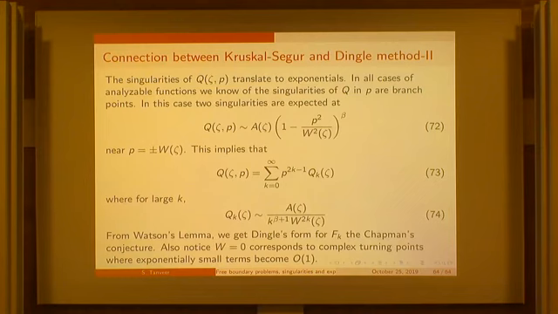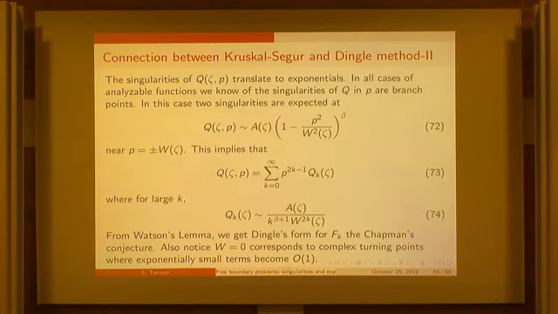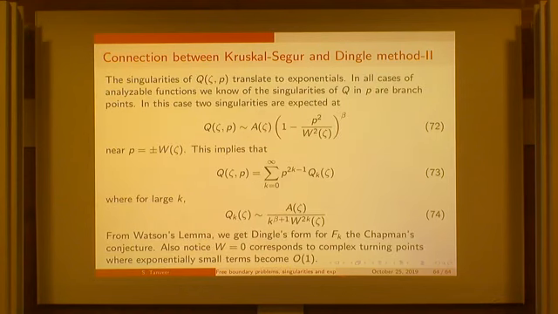Because if I go back here and use this form for large k, and then I want to figure out what this expansion is, what the formula is, you just do a Taylor expansion of this in p, and then integrate term by term. That's what Watson's lemma tells you. So these are actually, without the factorial, precisely these.